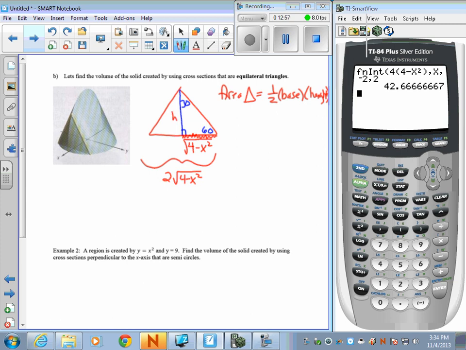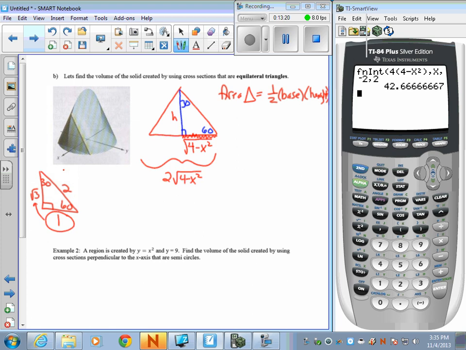Let me draw that over here. We have 1, square root of 3, 2. Hopefully we remember that. Which means my height or my altitude is going to be this side times the square root of 3.